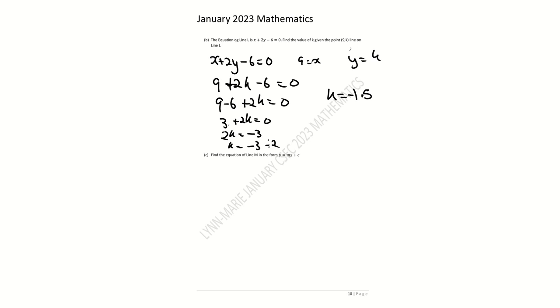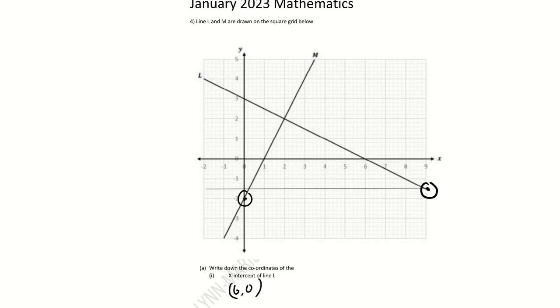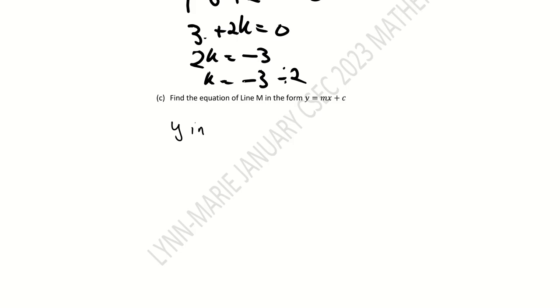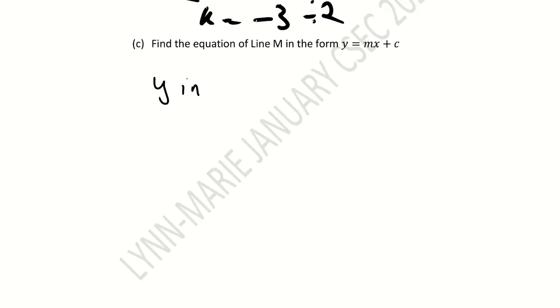Right? Find the equation of line M in the form y equals mx plus c. So first off, line M, right? To find the equation, we need to know the y-intercept. The y-intercept, or c. I need to zoom in.